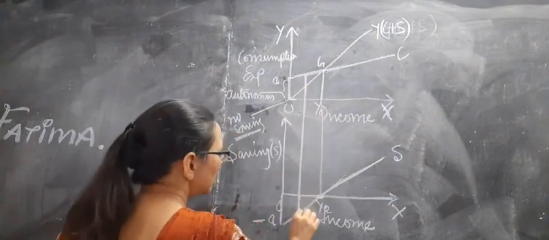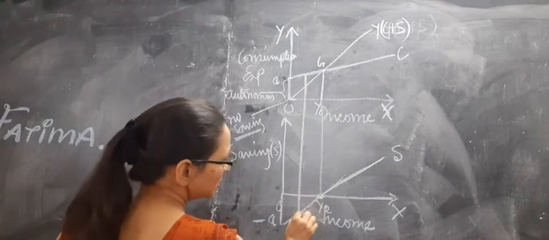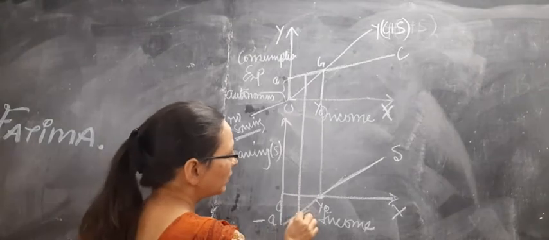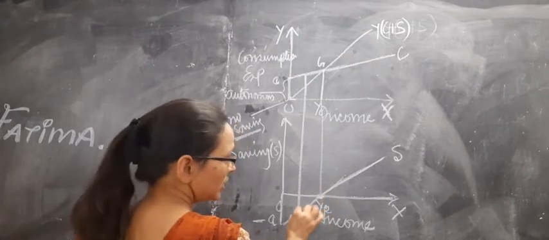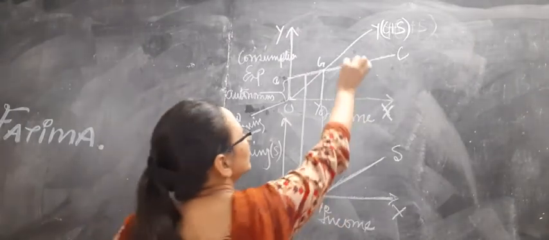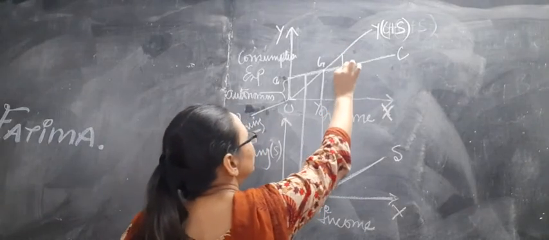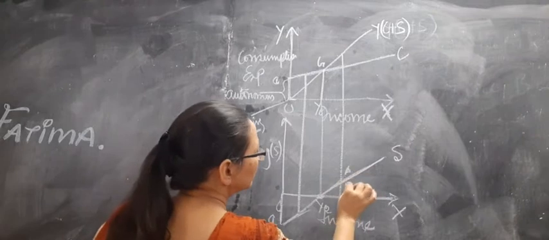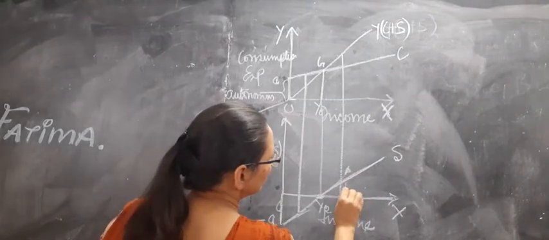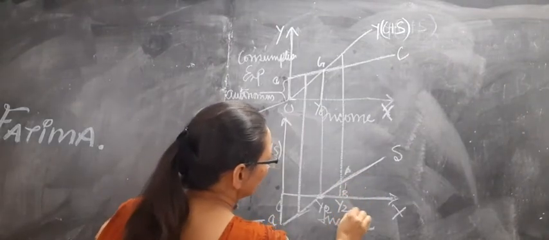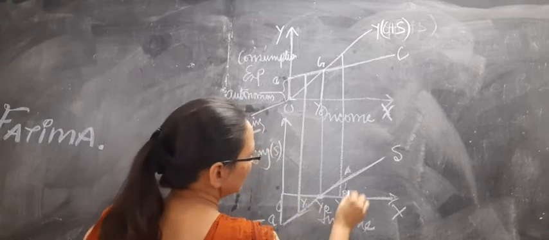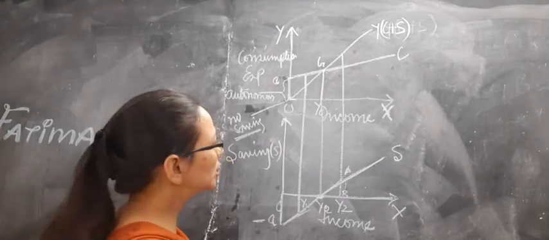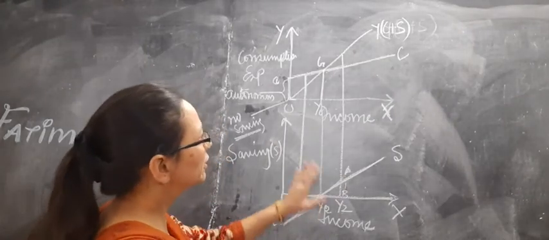This is negative saving, then 0 saving, and then this part shows positive saving by the consumer by the AB amount. I hope the diagram is clear to you all.